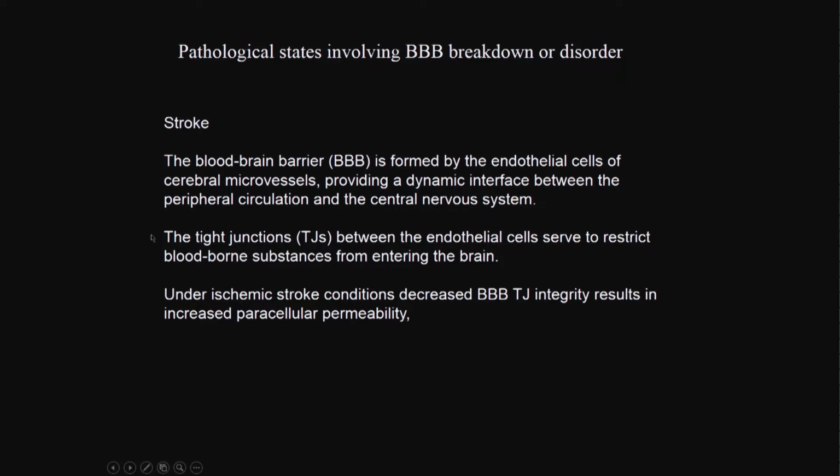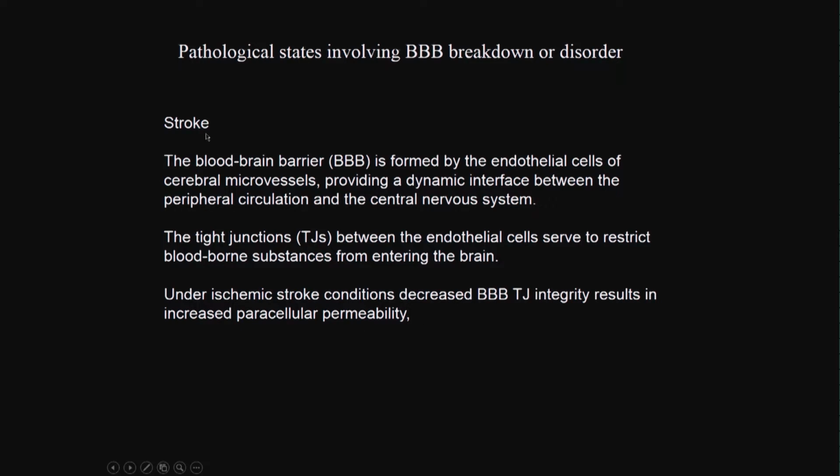It has a lot of tight junctions, called TJ, between the endothelial cells, which serve to restrict blood borne substances. Under ischemic stroke, it decreases TJ integrity. That means there could be a lot of paracellular permeability, as the tight junctions get loose. So a lot of gaps are produced, and it improves the paracellular permeability.